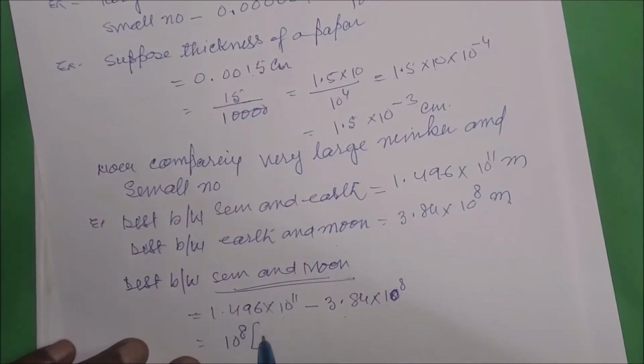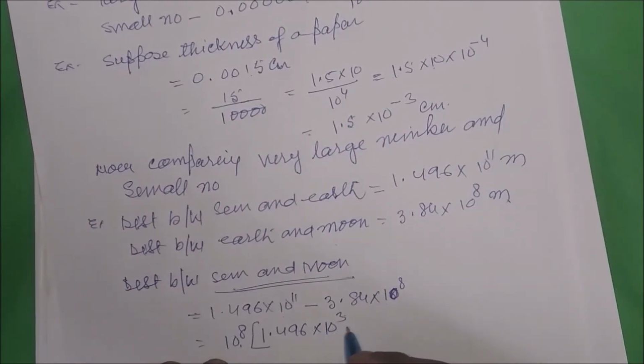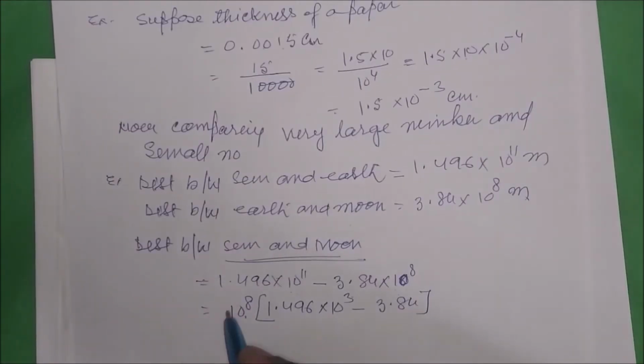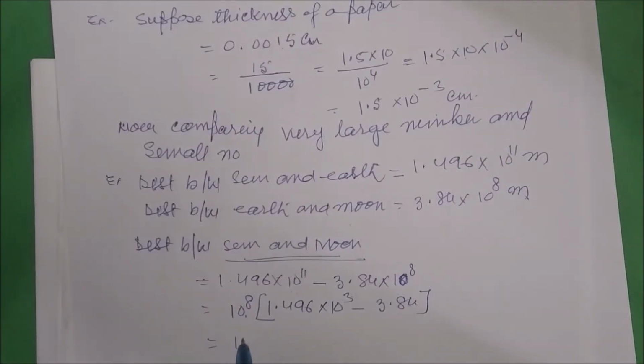So what is left here? 1.496 into 10 to the power 3, because we have already taken 10 to the power 8 common, minus what is left here, 3.84. Right? Now look here. Next step, you write 10 to the power 8.